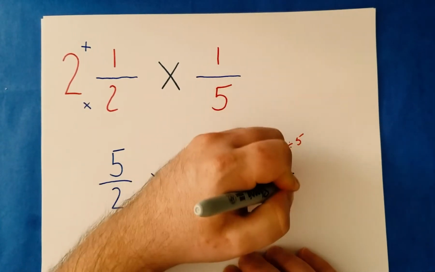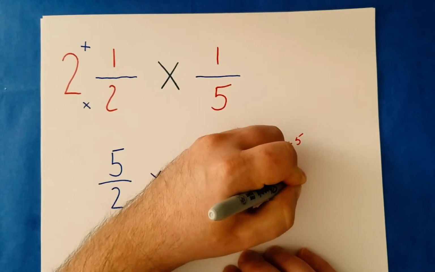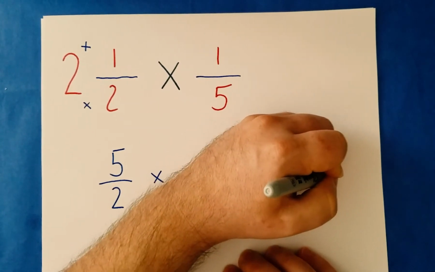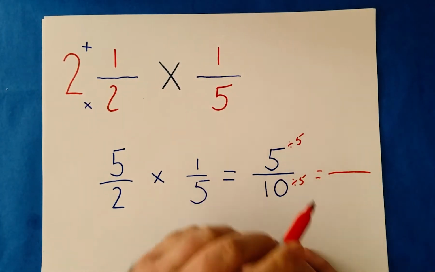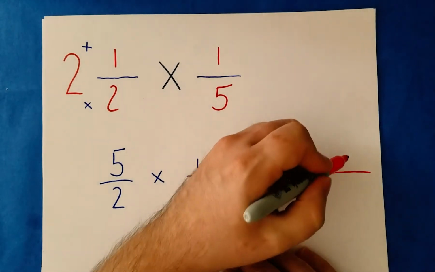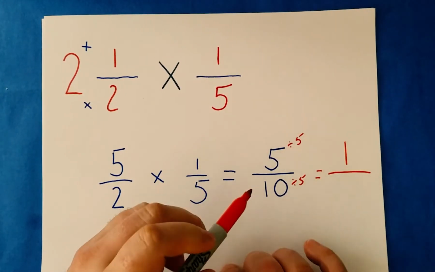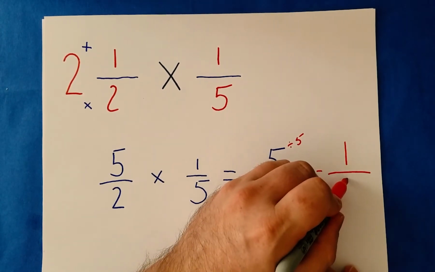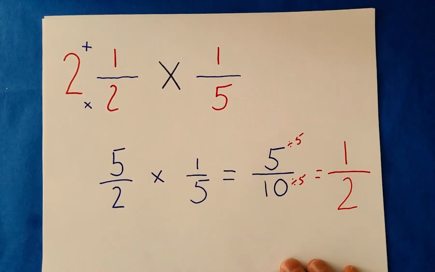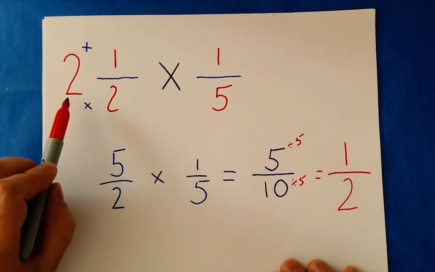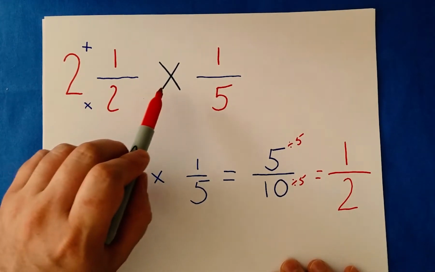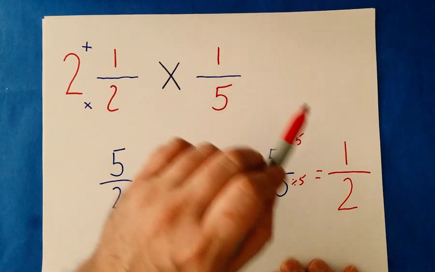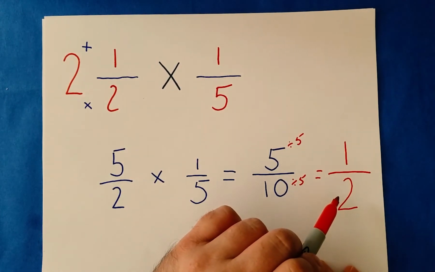You got it. And 5 divided by 5 gives me 1. And 10 divided by 5 gives me 2. So here we have it. When I multiplied 2 and 1/2 by 1/5, I ended up with 1/2.